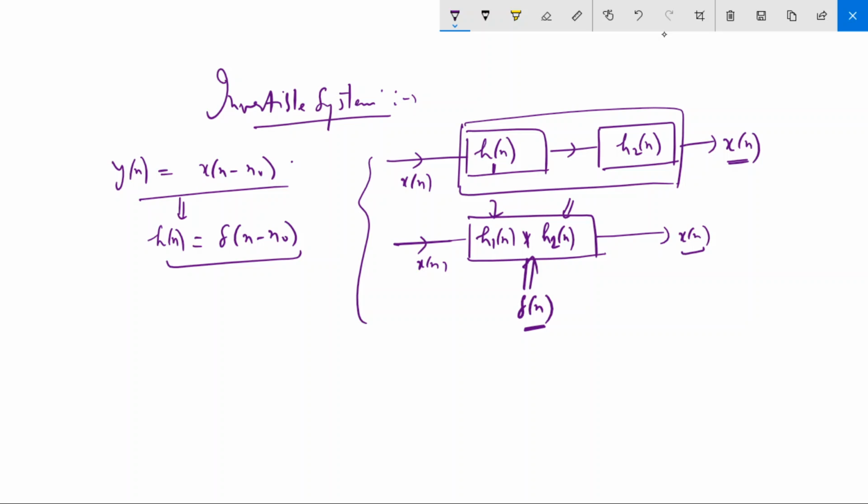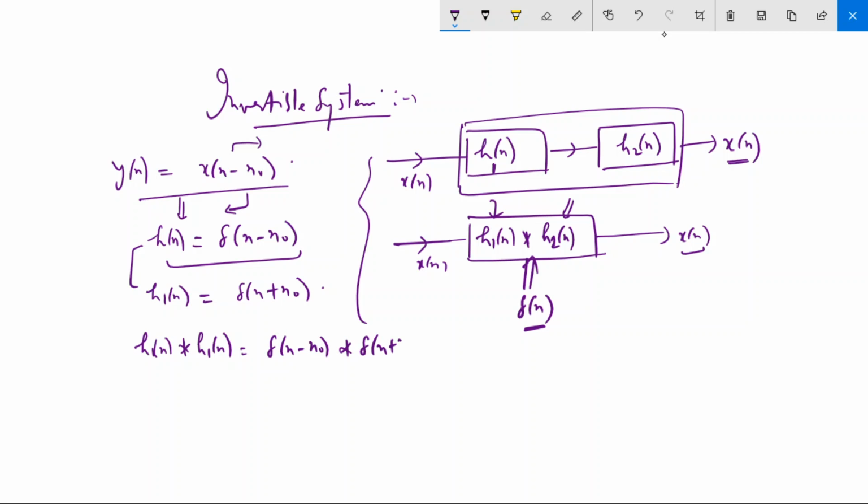Okay, so it is a time shift by n naught. If I again shift this signal by n naught to the left, I will again get x[n]. It means for this system, if I define a system with the impulse response delta[n plus n naught], the convolution of h[n] with h1[n], that is delta[n minus n naught] convolved with delta[n plus n naught], is nothing but delta[n].